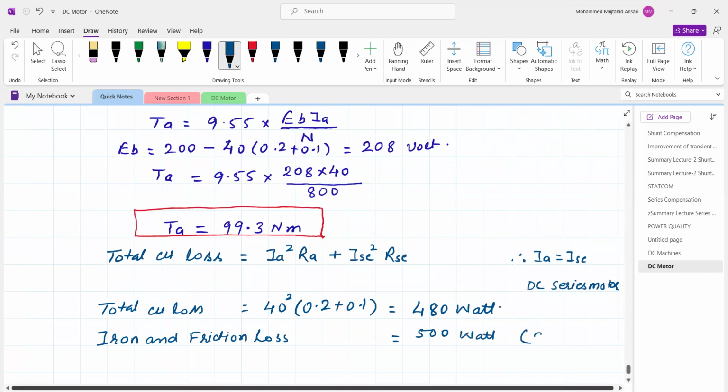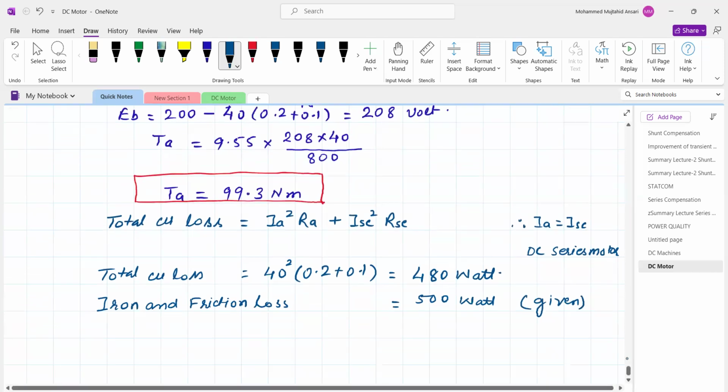Total loss is equal to 480 plus 500, which is 980 watt. So total losses we know.